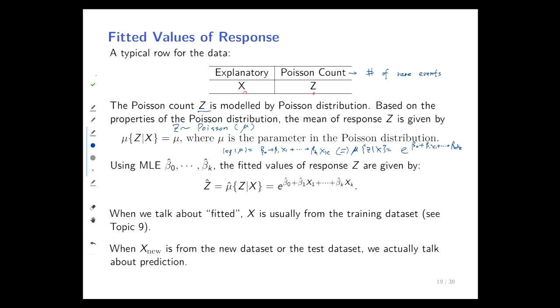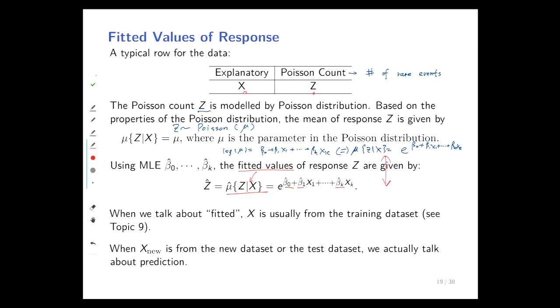By using this form, we can consider the fitted value as the estimated mean of response. The fitted value is the estimated mean of response obtained by plugging in the maximum likelihood estimation results. It's a similar idea of plugging in the estimation, and a little bit of review or comparison.